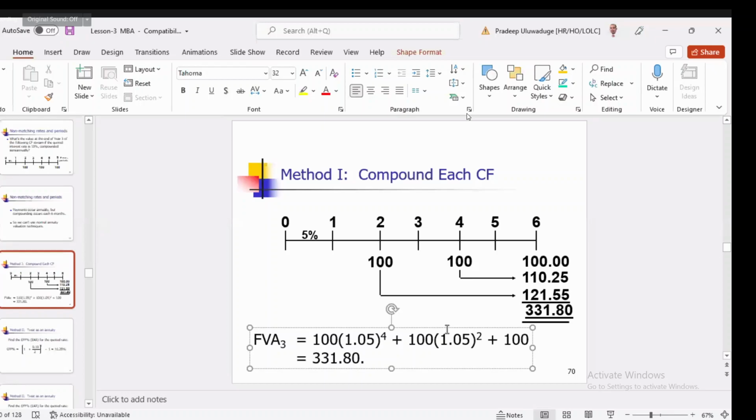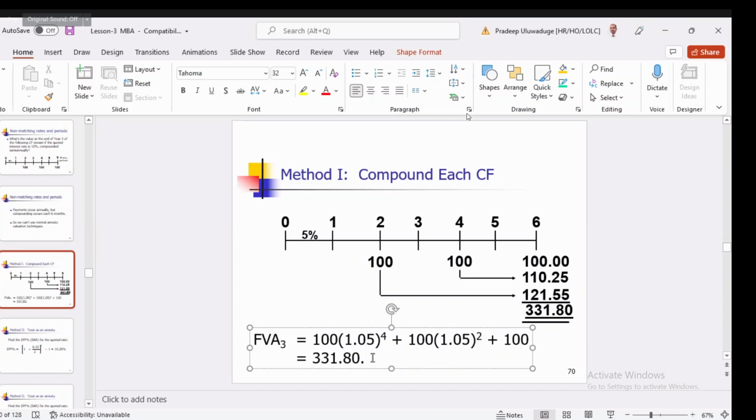The first cash flow passes through four semi-annual periods at the semi-annual rate of 5%, and we get 331.80. Now let's see whether there is any easier method that we can apply to find the future value of this cash flow.